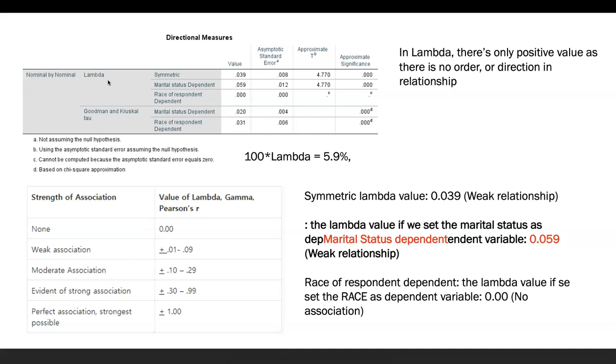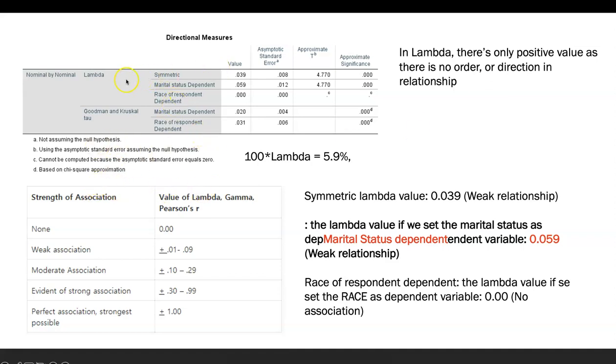As we don't have any directional measures or order, we cannot find any direction. So in lambda, there is only a positive value, as there is no order, no direction, or no directional relationship in lambda.